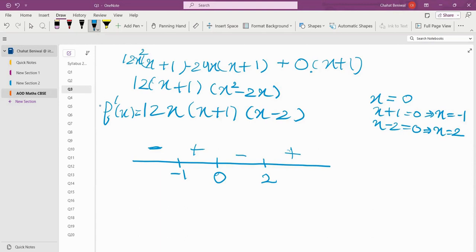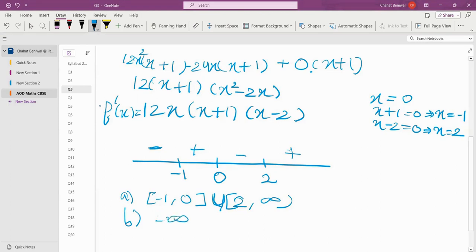So what do these symbols mean? That means we get our answer basically. That's what we need to find. So for part a, we need to find increasing. So we can write in intervals minus 1, 0, and in this interval, union 2 to infinity, and minus infinity to minus 1. It's not going to be square, open, and minus 1, union.